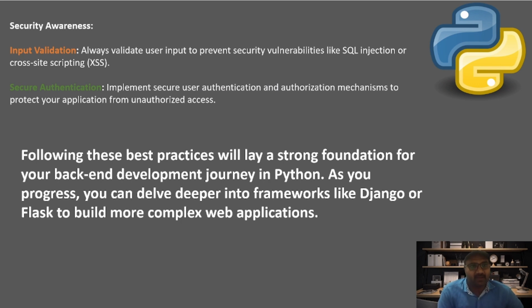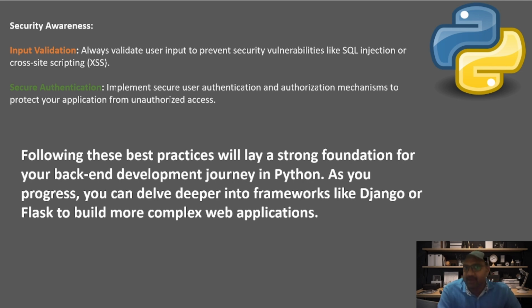Next is security awareness, which is very important, along with input validation. Always validate your input to prevent security vulnerabilities like SQL injection or cross-site scripting. While writing code and creating any input, or creating or updating database input, you should be careful to prevent any security vulnerabilities.